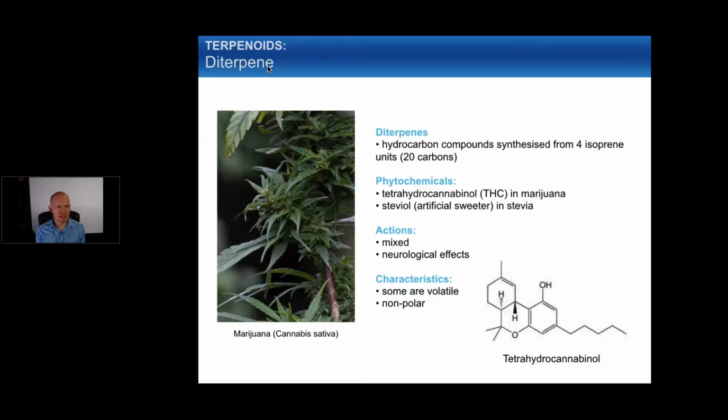So making a cup of tea with marijuana, you probably wouldn't be able to extract the THC because it's non-polar. It's not water soluble.